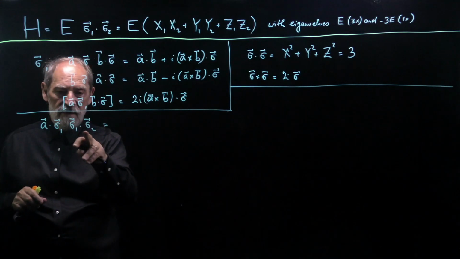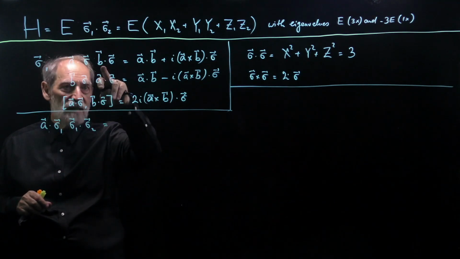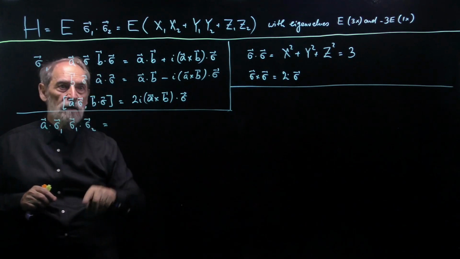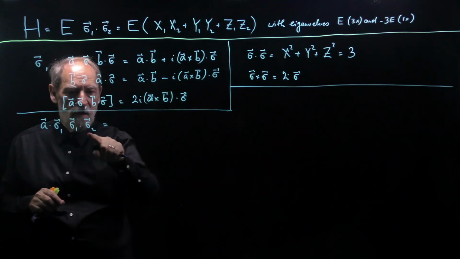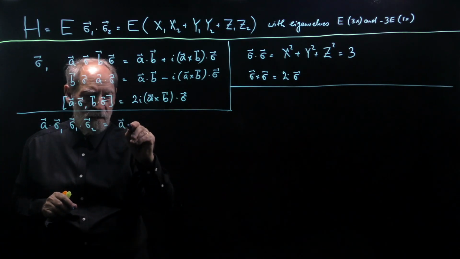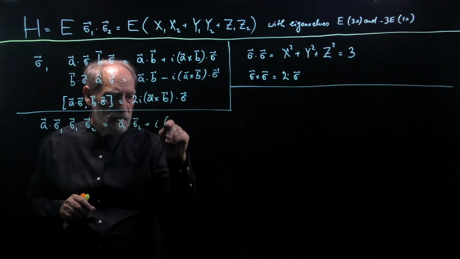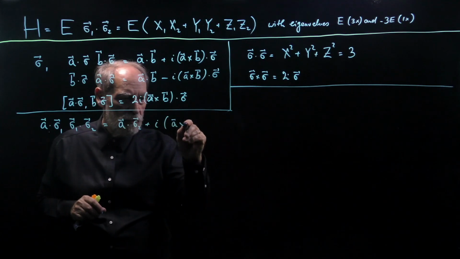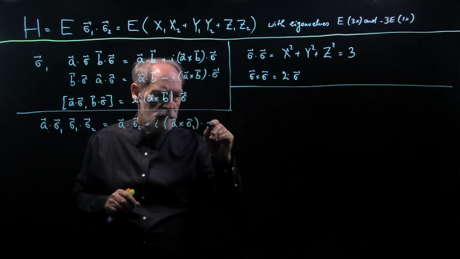So as far as the algebraic properties of sigma 1 are concerned, the sigma 2 is just like such a numerical vector b. So we can use this expression, except that wherever we had b before, we now write sigma 2. So this begins with a dot sigma 2, and then there is I times, and then we have a cross sigma 2 dot sigma 1.